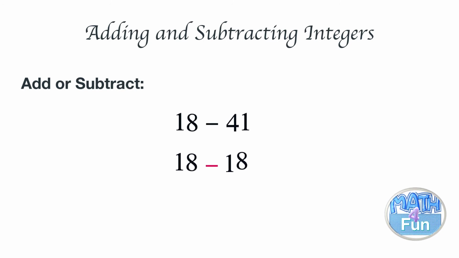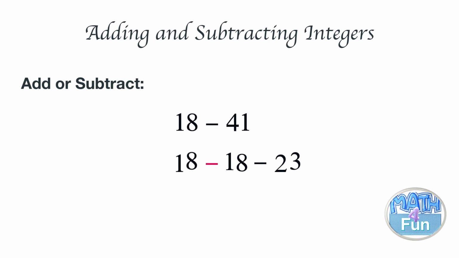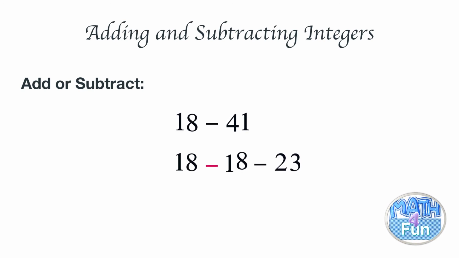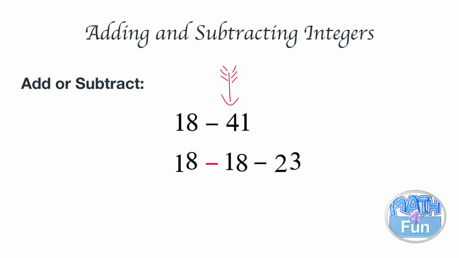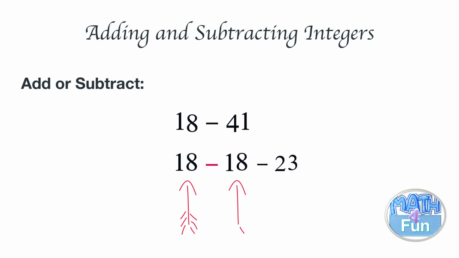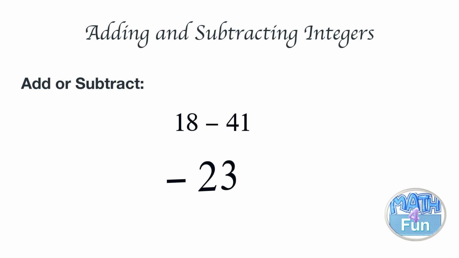Another number, which is 23. If you don't know, you can subtract 41 minus 18, you get 23. And remember, here we have minus 41, so split it into two numbers, minus 18 and minus 23. Now the 18 and the minus 18 will make up 0, and here we have minus 23 as an answer.